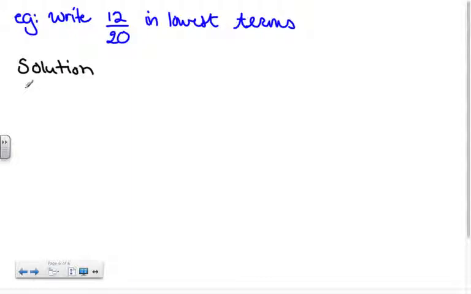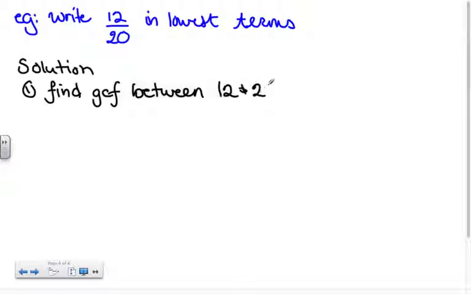First, we're going to find the greatest common factor between 12 and 20.